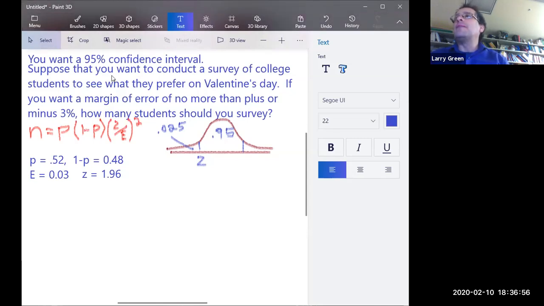Now we just plug in. So let's go and write it out.